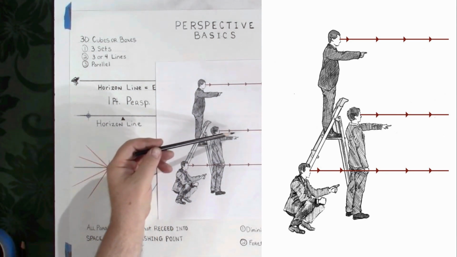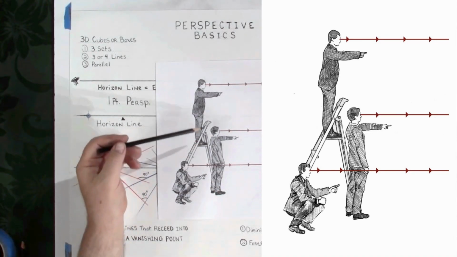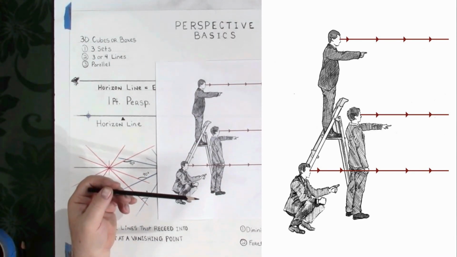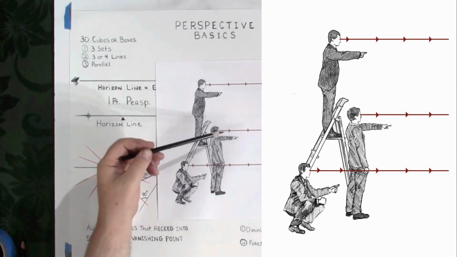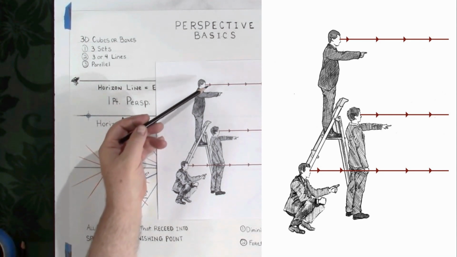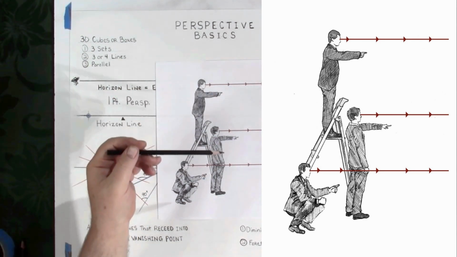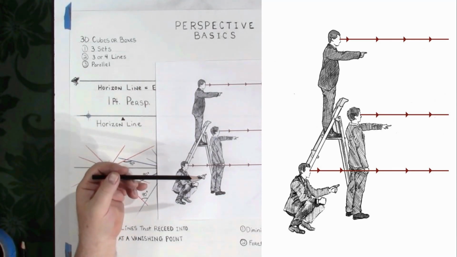So let's say he's at a 5-foot eye line or horizon line if you're standing. And if someone was standing on a ladder, perhaps this man is 9 feet off the ground, and so he would have a different view. All 3 of these people have different views. All 3 of these people have different perspectives.